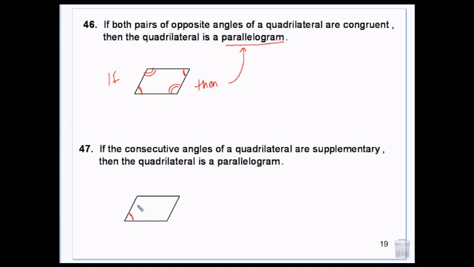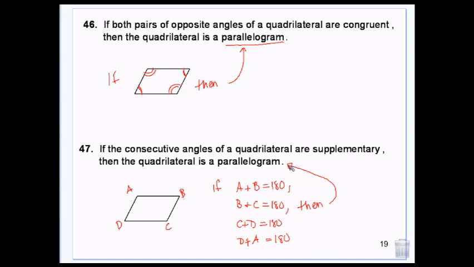So you have consecutive angles, so consecutive is going in order around. If those are supplementary, so they add up to 180, then you have a parallelogram.